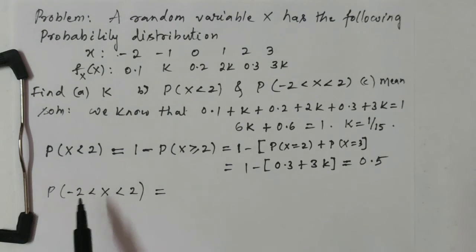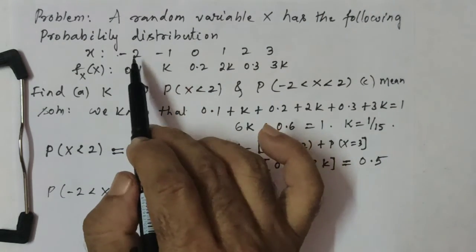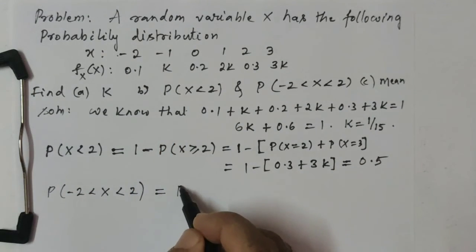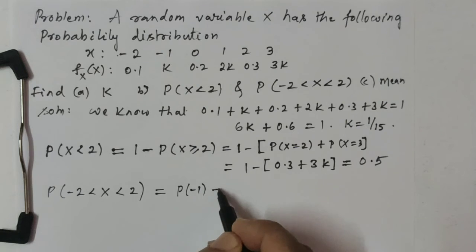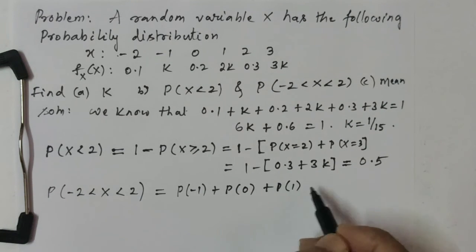Similarly, probability that minus 2 less than x less than 2 is the probability that x lies between minus 2 and 2. The values which lie between minus 2 and 2 are minus 1, 0, 1. Therefore we need to find probability that x equal to minus 1 plus probability that x equal to 0 plus probability that x equal to 1.